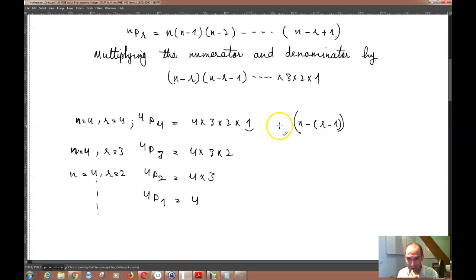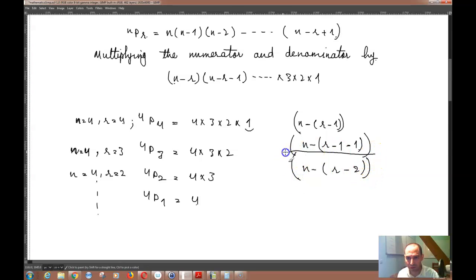So what that means is that when I want to get a number 1 larger than this number, I have to decrease this number by 1, meaning that I would have to subtract a 1 from this number, which would be n minus r minus 1 minus 1, which would be the same thing as n minus r minus 2, right?